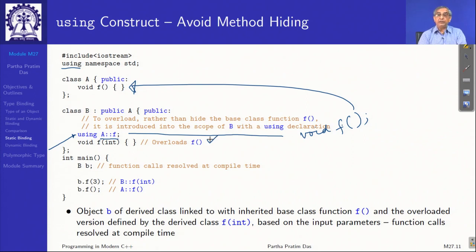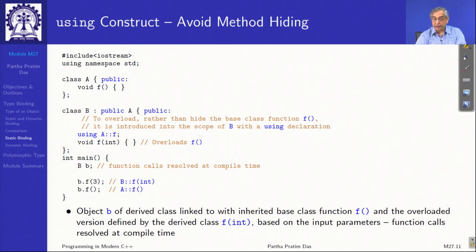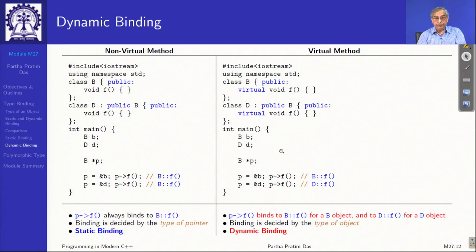So, when you want to do that, you use the using keyword and give the fully qualified name of the function that you want to use from your parent context. With that you will now be able to call your overloaded function, and as you do B dot f, you actually call the function from the base class A. Right. So, this is how you can make the overridden or overloaded functions from the base class also available to your class if you need.